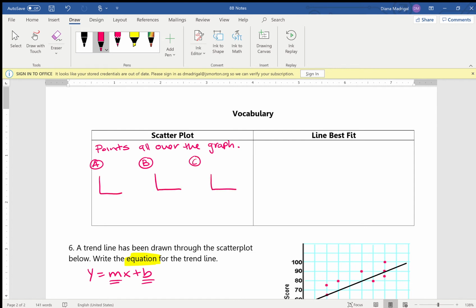So if I have a graph and I have scatter plots all over, you're actually going to draw a line that best fits each graph, okay? The line that best fits is the line that best matches the scatter plot.